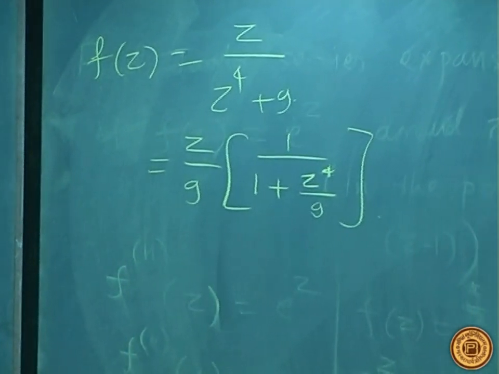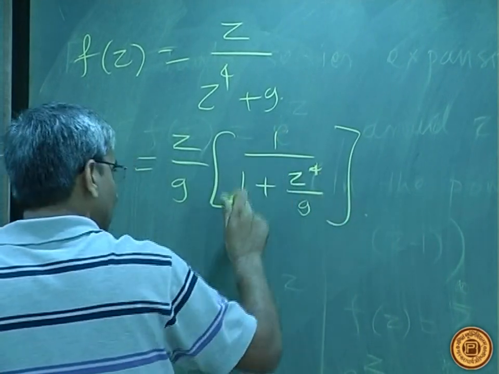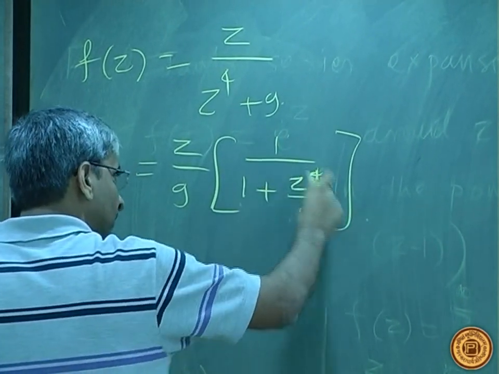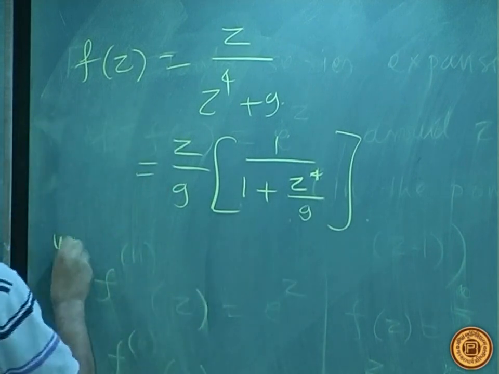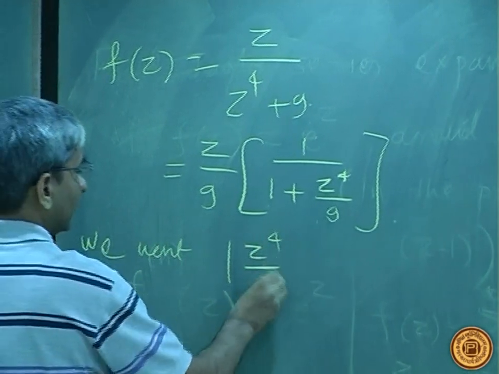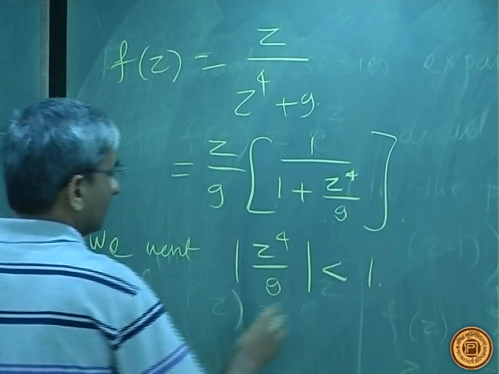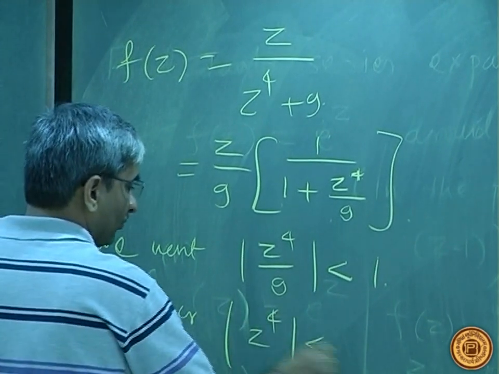Why do I do that? Because I now get it in terms of 1 over 1 plus something. Now 1 over 1 plus something is valid if the mod of this is less than 1. So we want mod of z to the power 4 by 9 to be less than 1, or in other words mod of z to the power 4 less than 9.